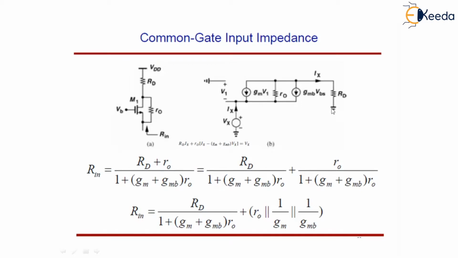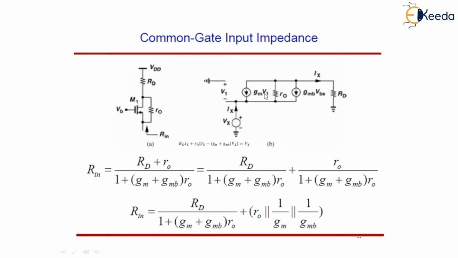We will again apply KVL across this loop, and we will find that the voltage drop across this resistance is RD Ix plus this. The voltage drop across R naught, with the current flowing through it equal to Ix minus gm V1 minus gmb VBS.